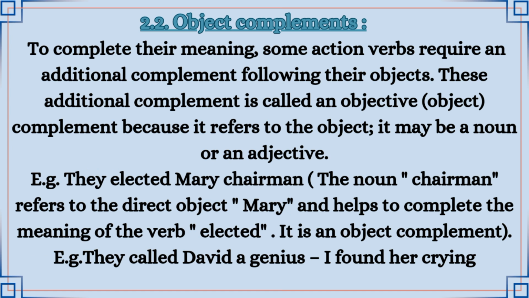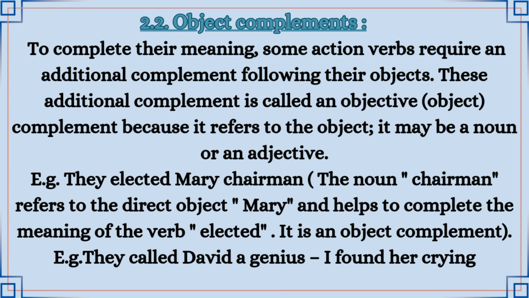Okay. Now we have object complements. To complete their meaning, some action verbs require an additional complement following their objects. This additional complement is called an objective object complement because it refers to the object. It may be a noun or an adjective. إذا الobject complement يرجع إلى الobject ويستعمل لتكملة المعنى، تكملة إضافية.